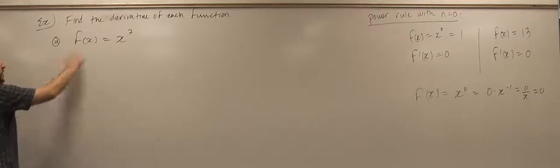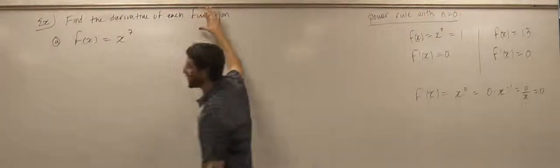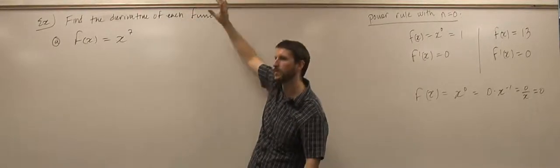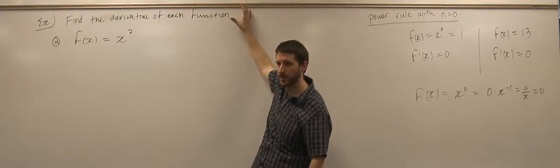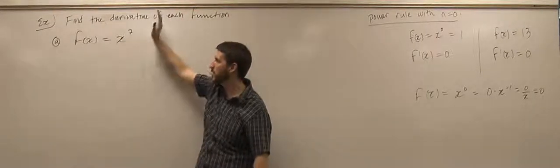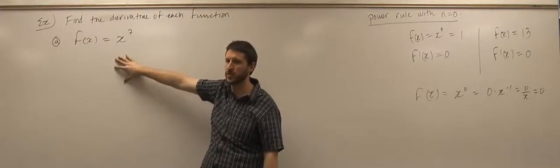If you have to take the derivative of x to the 7, and I don't say use the definition, right? If the instructions say use the definition of derivative or use limits, I want you to do the delta x going to 0 stuff. But if it just says find the derivative with no special instructions, you should just use your rule.